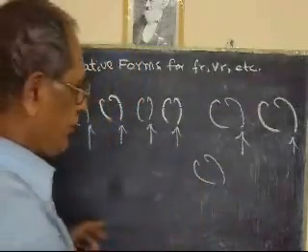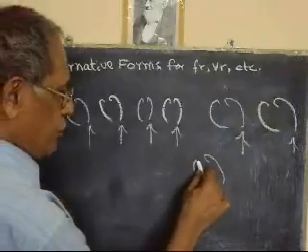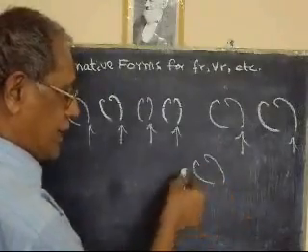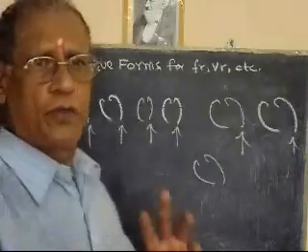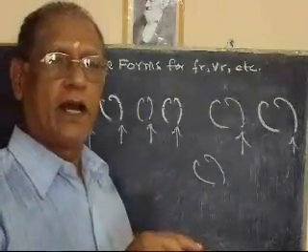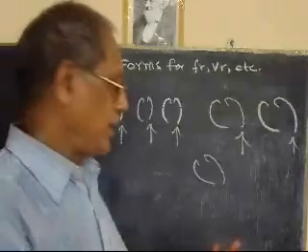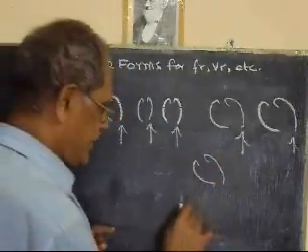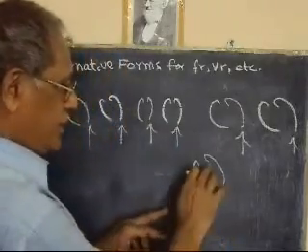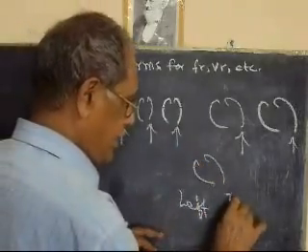Now you see, this curve far is written with which direction, which motion? We have 2 directions, left motion and right motion. Isn't it? So, with which motion? Left. This is right.